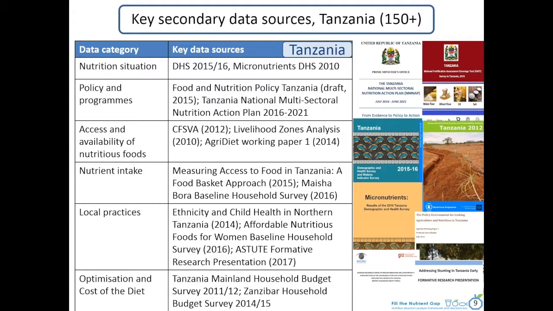Then there is information that relates to access and availability of nutritious foods and nutrient intake, but also qualitative information that looks at the consumer and demand side for nutritious foods in a particular context, using qualitative information such as formative research, focus ethnographic studies, but also consumer insights from the private sector, for example. And then we have secondary sources that are also used for the cost of the diet, including expenditure data and, when possible, market data.